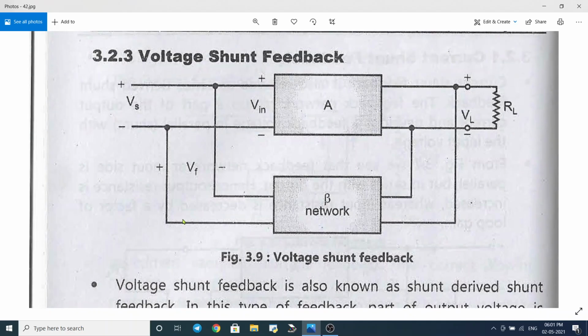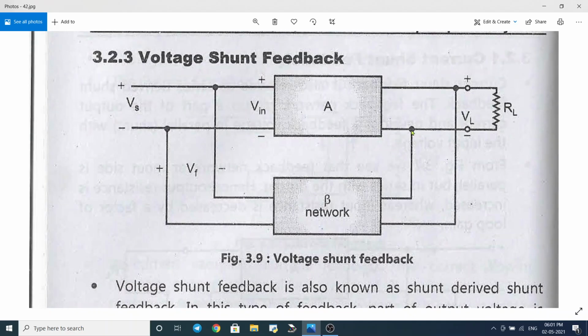It means in the sampling it is a parallel type connection, and while mixing it is again a parallel type connection. Means shunt derived shunt feedback.